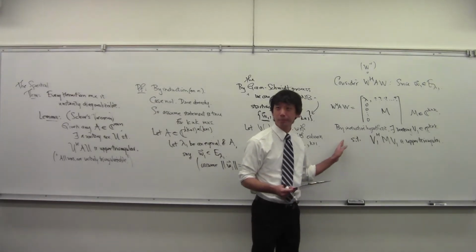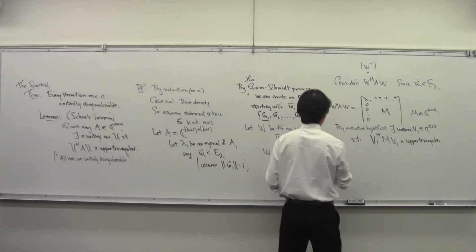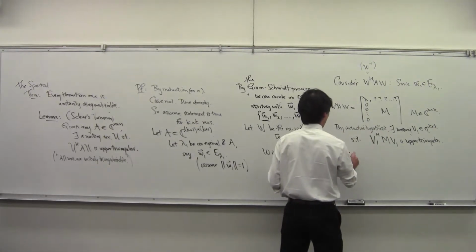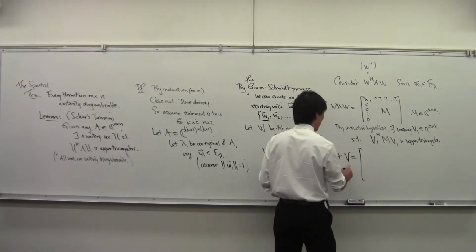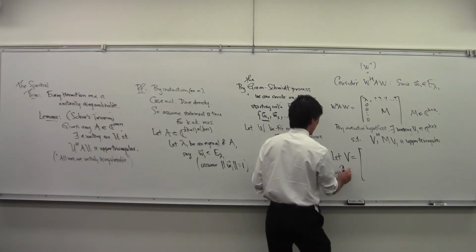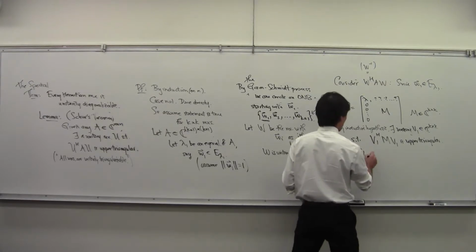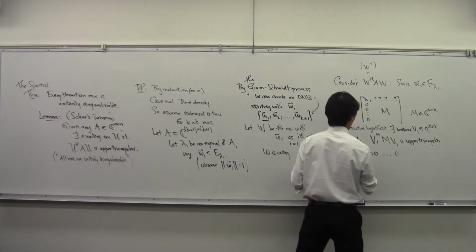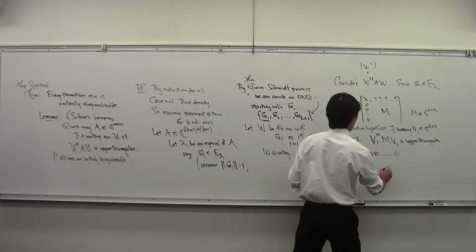Okay. Now, let V be the k by k matrix, I'm sorry, the k plus 1 by k plus 1 matrix that looks like this: 1, 0, 0, 0, 0, 0, V1.